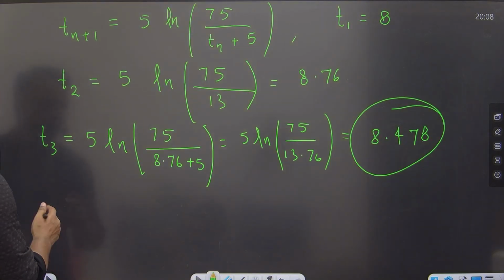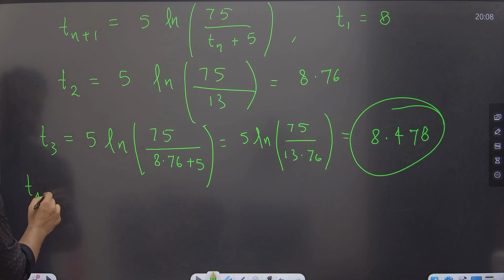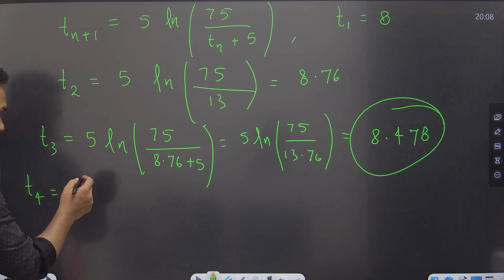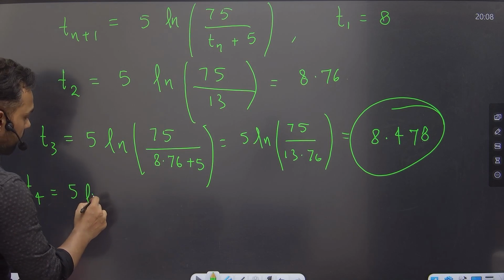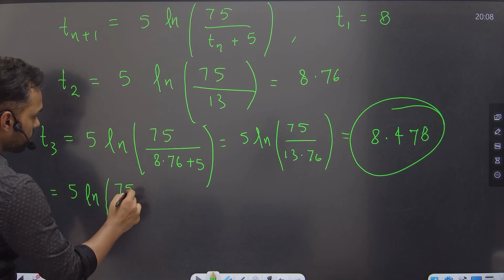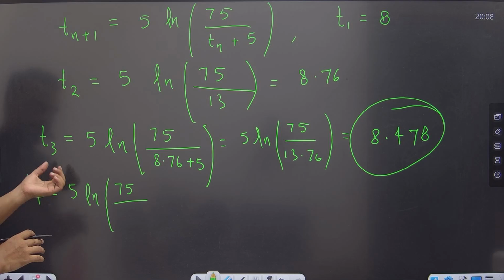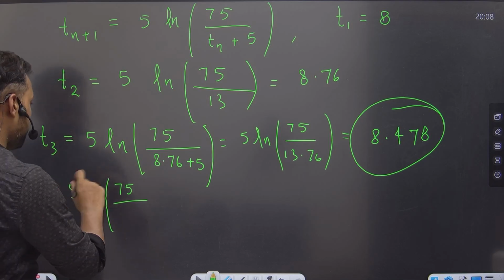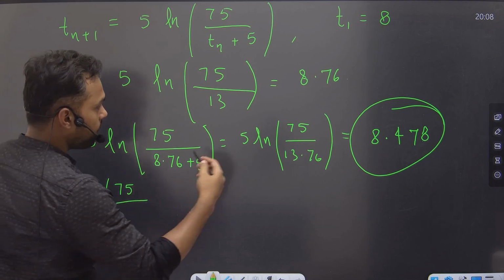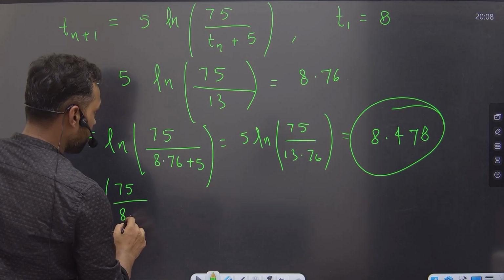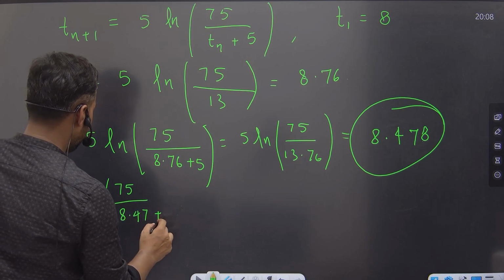Again we need to plug in the value for t4. The same process needs to be repeated: 5 ln(75/(t3 + 5)). For t4 the value of n will be 3, and t3 we have got as 8.47, plus 5.